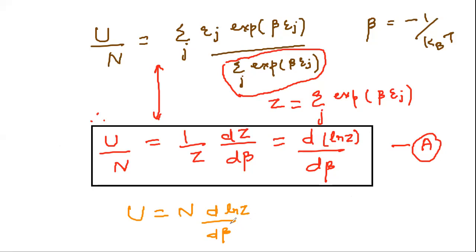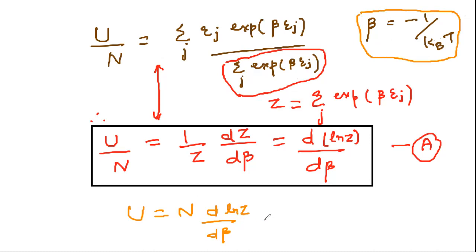Now I want to shift from beta to temperature, and beta and temperature are related through this expression. I can write it directly.